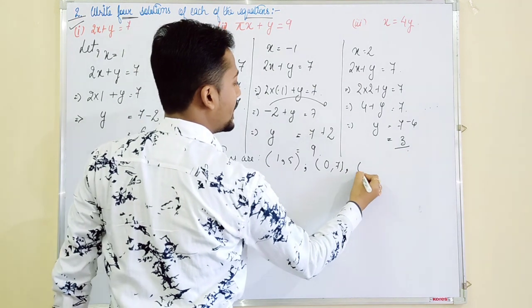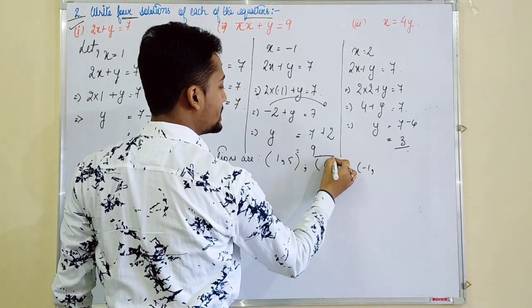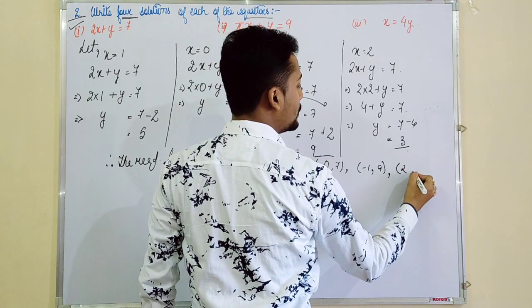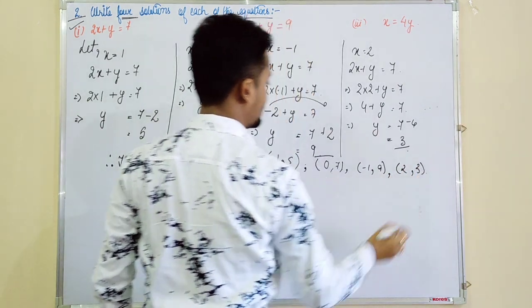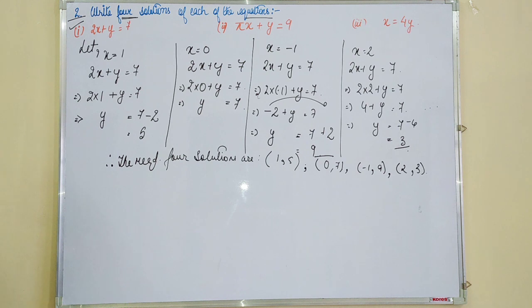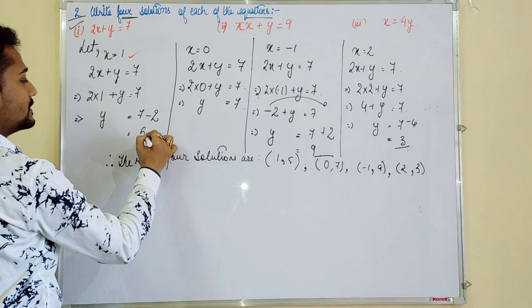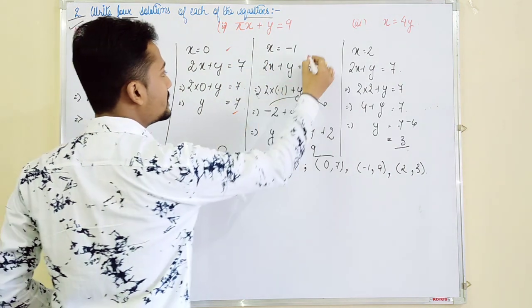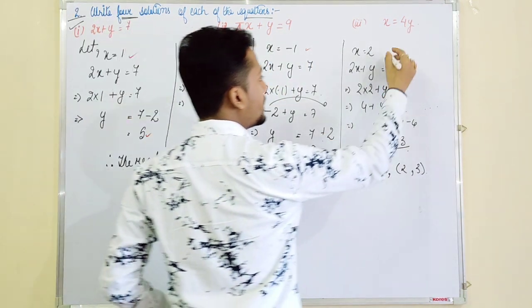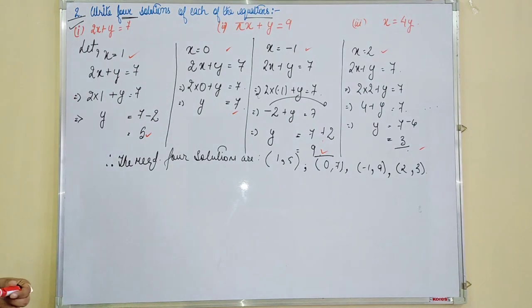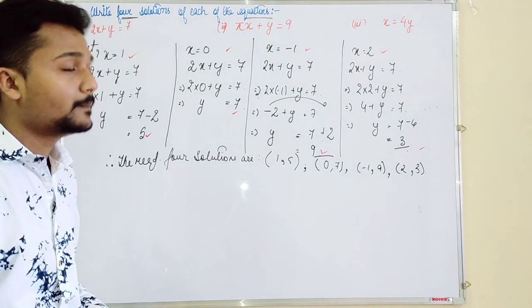When we took x is equal to minus 1, y is equal to how much? 9. When we took x is equal to 2, we got y is equal to 3. So these are the 4 solutions of the first equation.